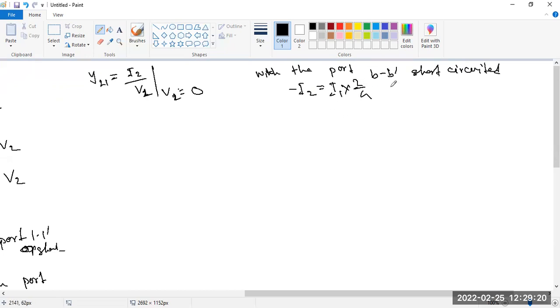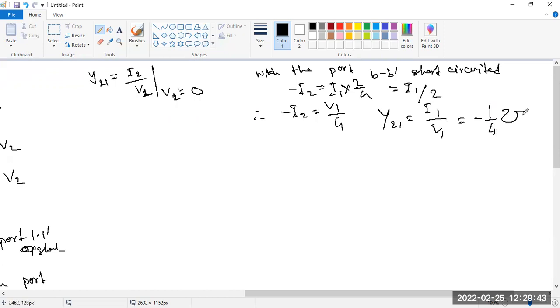Okay, so it is giving you I1 by 2, and therefore I2 is V1 by 4. So Y21 we can put it, that is I2 by V1 equal to minus of 1 by 4 mho.